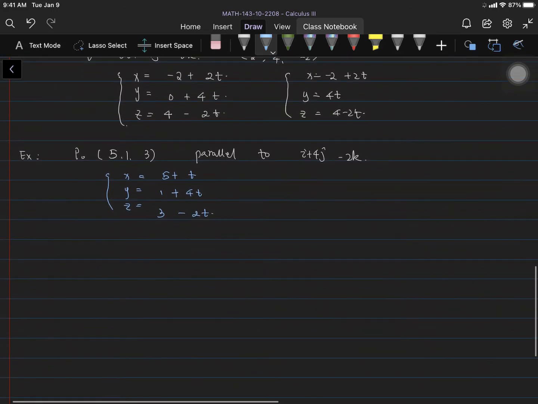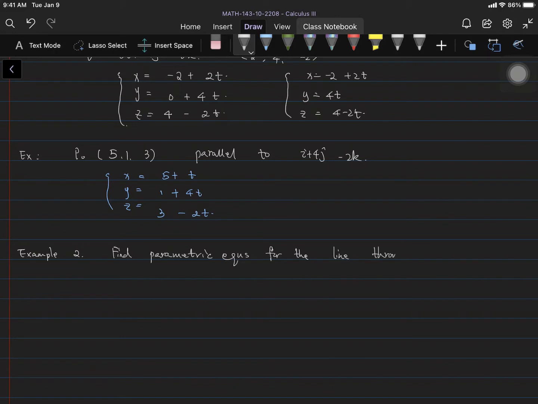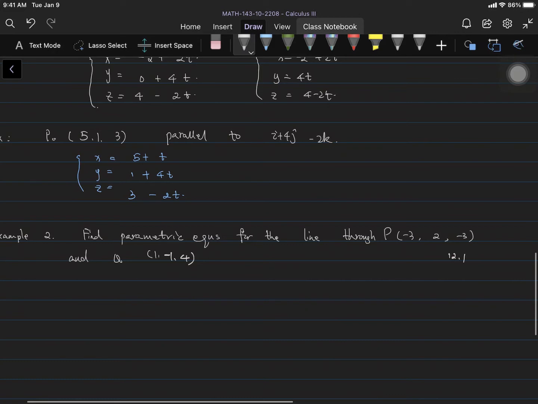Like this, right? Now let's take a look at another example. Find the parametric equation passing through two points. The two points are given, P and Q. We did this kind of problem in 12.1.